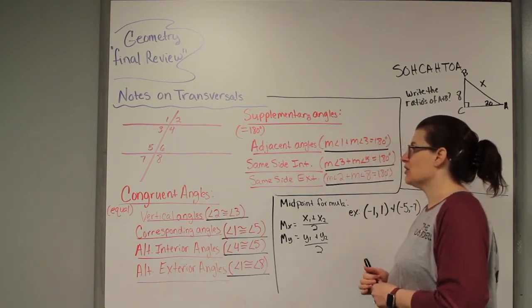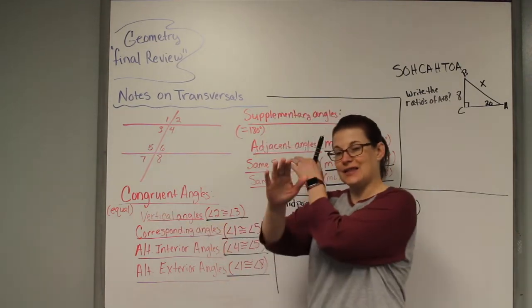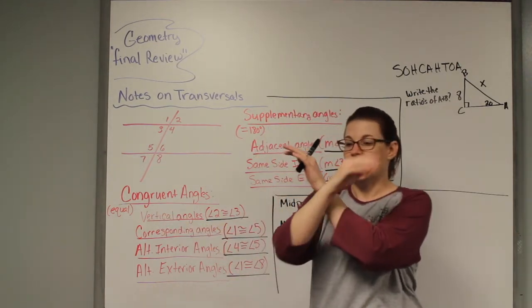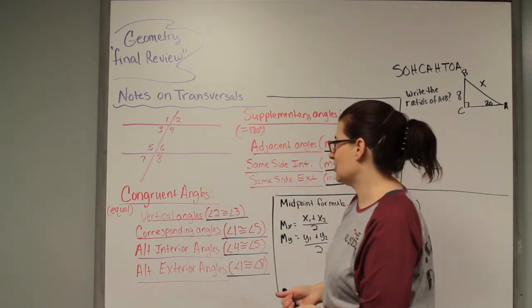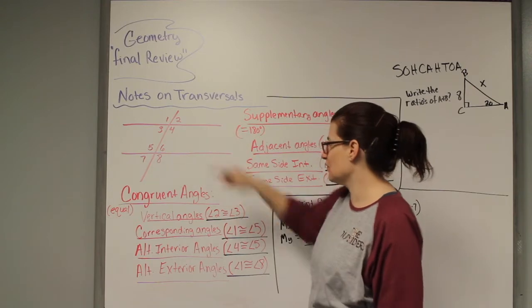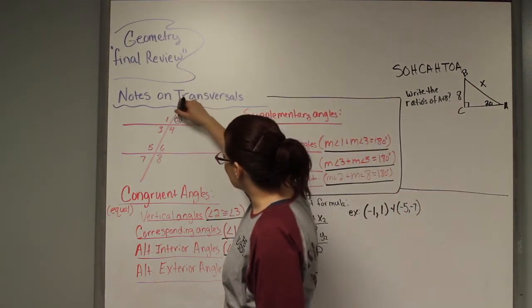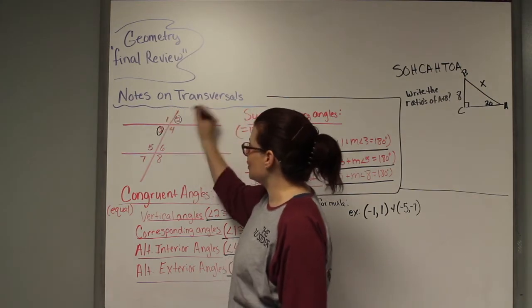So for instance, vertical angles. Now we know vertical angles are where like the X happens and the angles that are across from each other. So an example of vertical angles in this transversal would be angles 2 and 3, which means this one and this one, because they're across from each other.